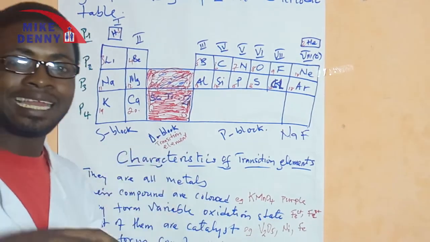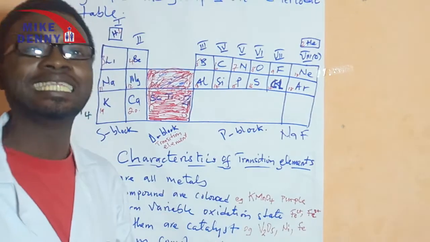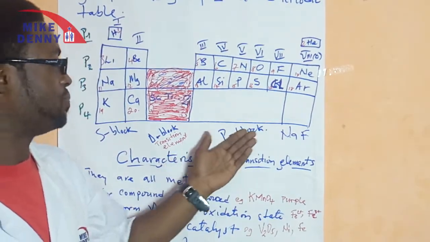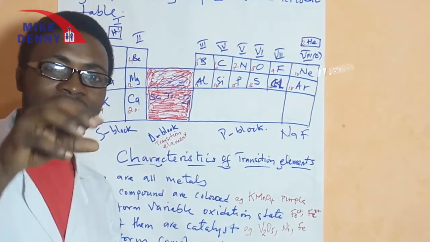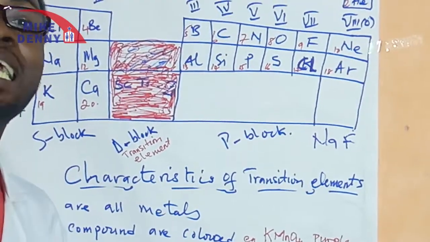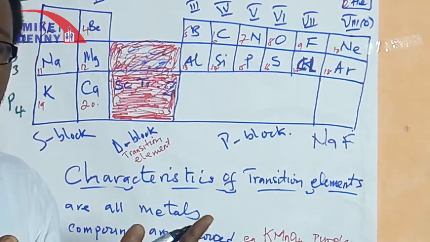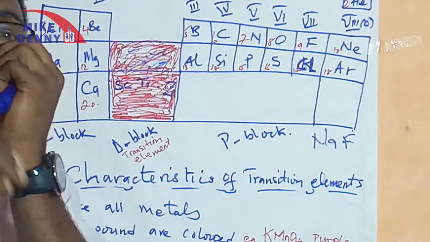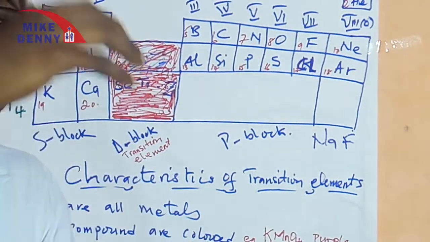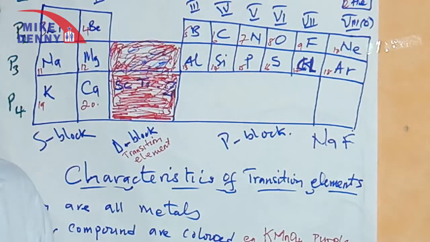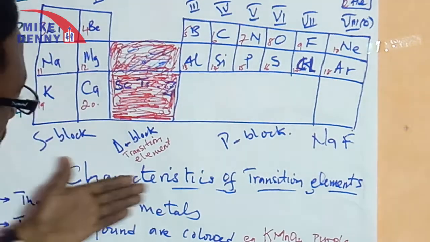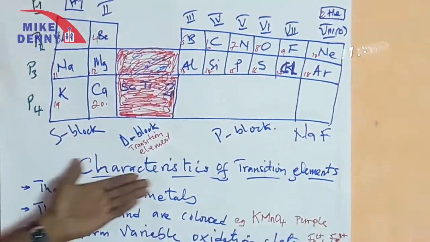D block, their last electrons are found in the D orbital. And P, their last electrons are found in the P orbital. Remember, I said that an orbital is that region, that area in an atom where you have high probability of meeting an electron. We call them orbitals.